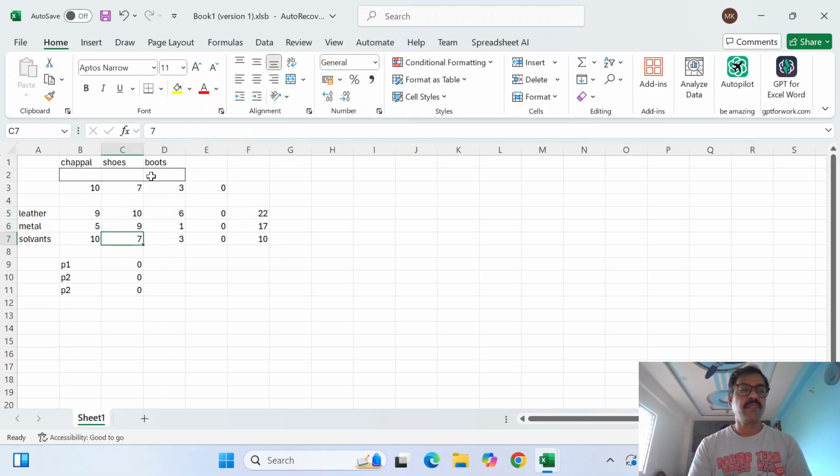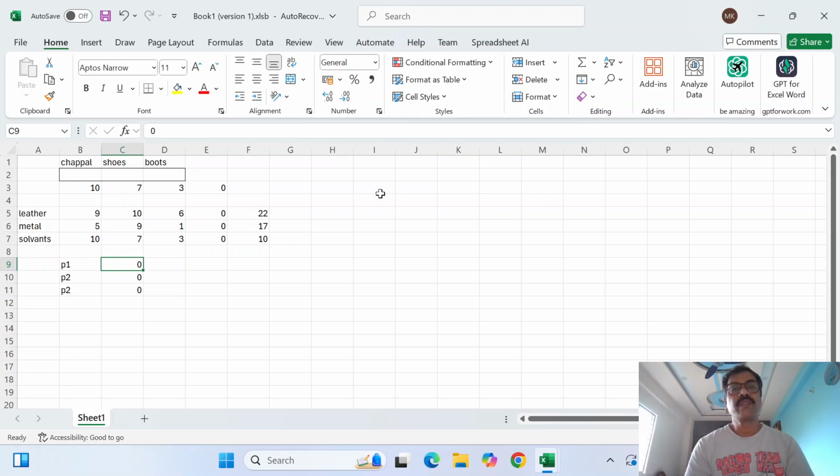And these are the simple conditions where P1, P2, P3 values should be greater than or equal to 0. I'm not going to use these conditions because every simple LP problem will follow this condition by default. If I have certain other values, then I need to formulate the conditions in my setup.